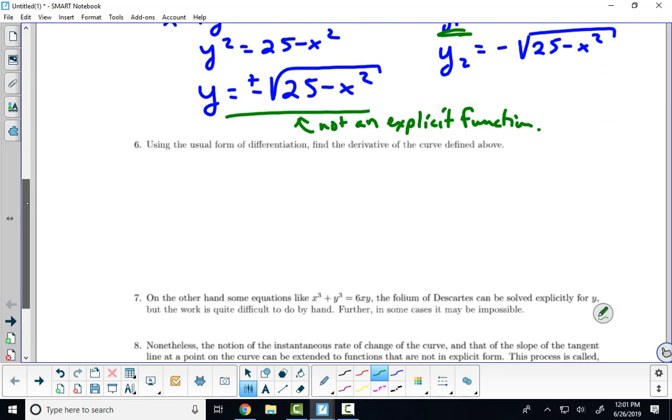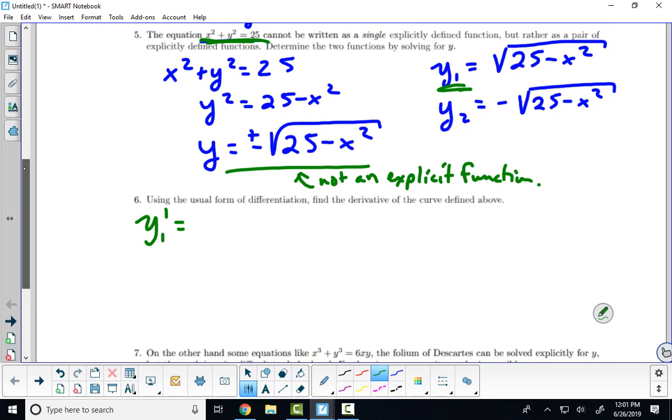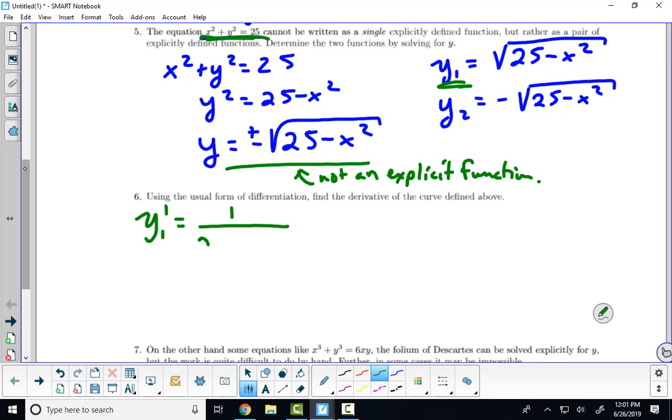So we can now easily take the derivatives of these two functions. We would say that y1 prime would be what? What's the derivative of y1? Yeah, 1 over 2 times the square root of that expression. Am I done?